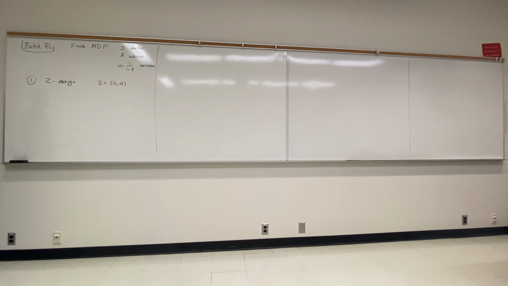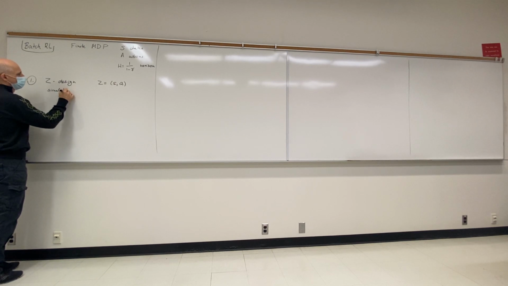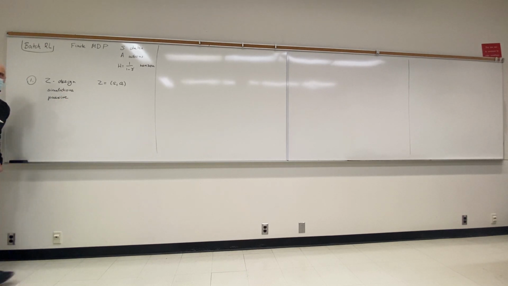So you can choose a state action pair at your will. It's basically the same thing as with simulations, except it's passive. You have to decide ahead of time how many samples you want to get at each of the state action pairs.